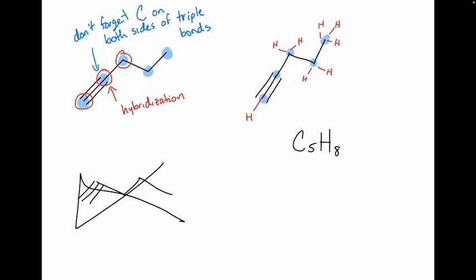Okay. All right. So now let's look at another one here. We said that our carbons and our hydrogens are implied. All other atoms are not implied. You would explicitly have to draw an O if there's an oxygen in your molecule, or an N if there's a nitrogen, or an F if there's a fluorine, all that.